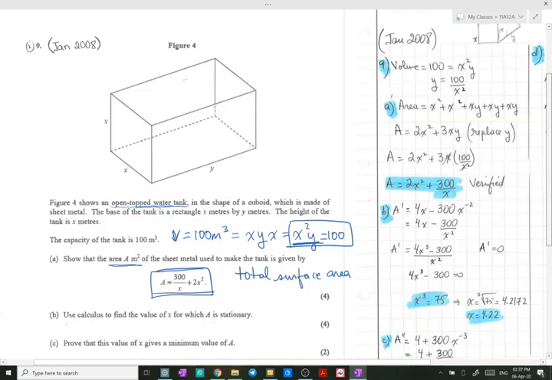In order for us to find it, first the total area is equal to the area of the base, which is x times y. Then we have these two rectangles that are the walls, and these two rectangles make 2x times y again, plus we have the other two walls that form squares, so it is 2x squared.